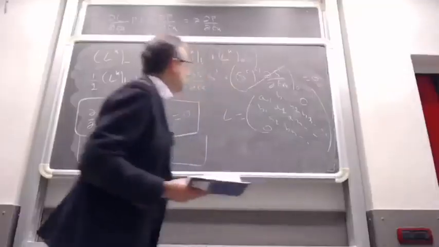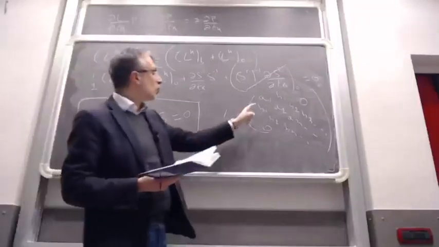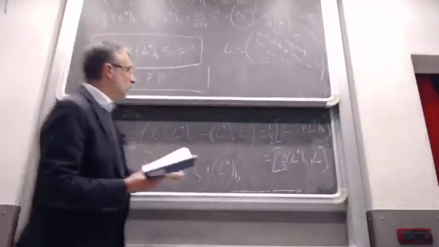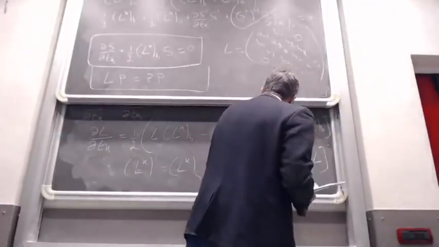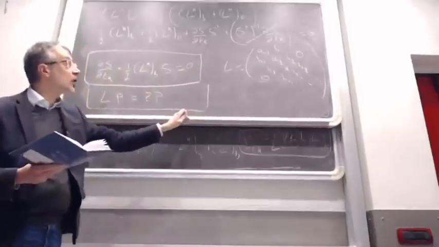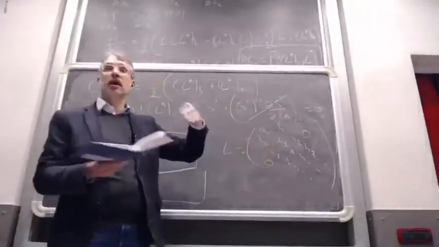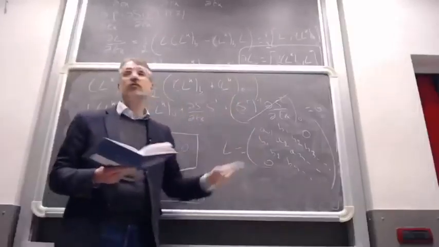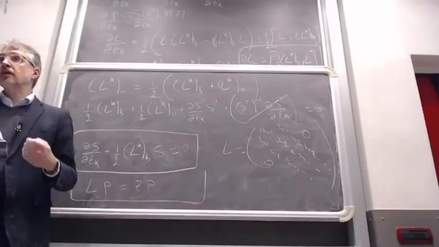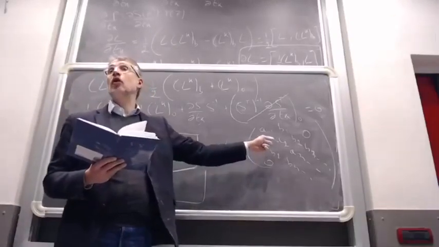So if you write the Lax matrix explicitly and substitute into this equation dL, for example for k equal to 1, you get a chain of equations involving A's and B's, and that would be the Toda lattice equation in what are called Flaschka variables.